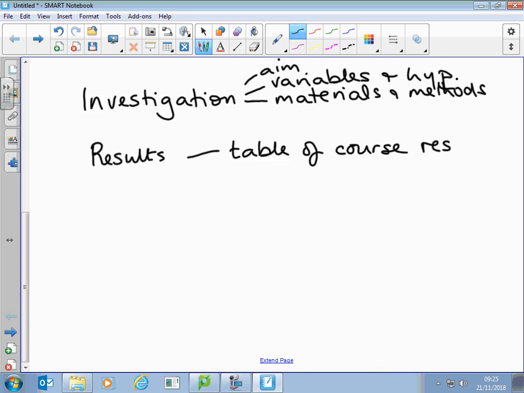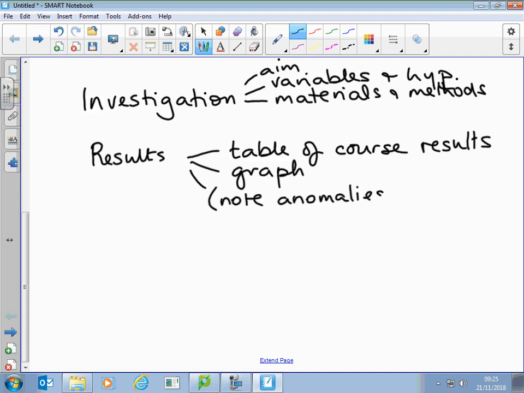So a table of course results and your graph of course results. And you might at that point want to say that some anomalies were removed, so it doesn't have to go there. So possibly note anomalies there. They can go in all over the place actually. So you might just say these were calculated with the removal of some.